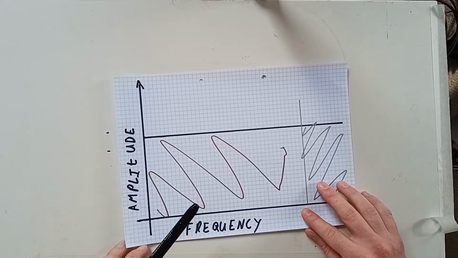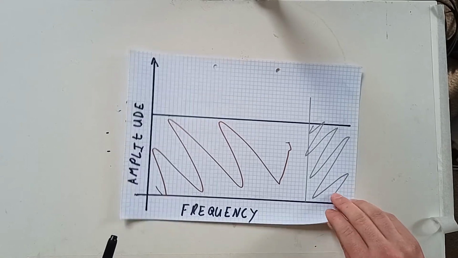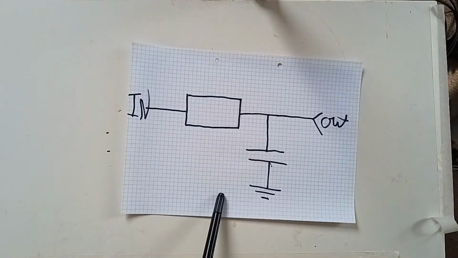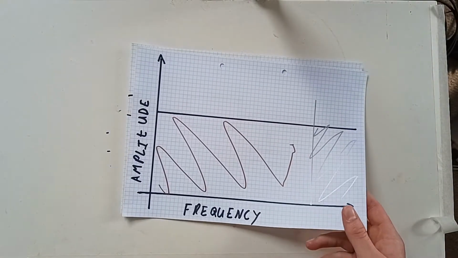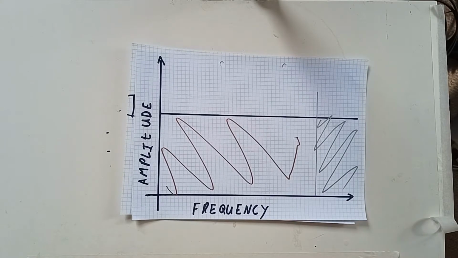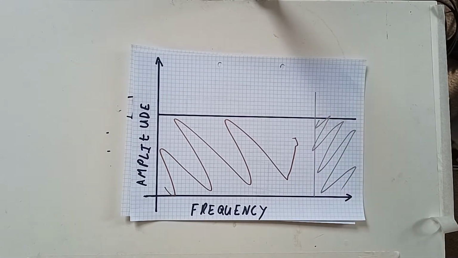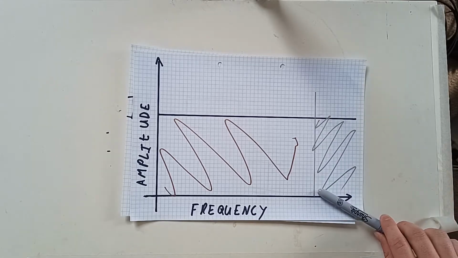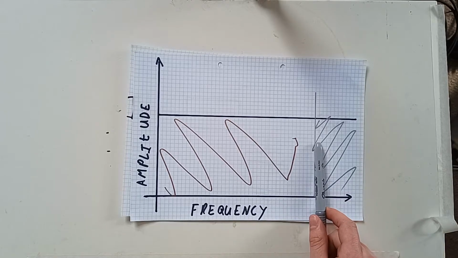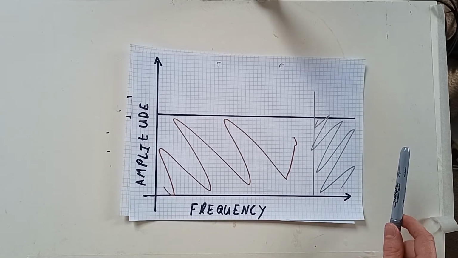I would like to quickly mention, though, when I said that this circuit was a first order filter, that refers to the steepness of the cutoff slope. So the one that I've drawn on here, this is an ideal filter. So it perfectly cuts everything past this point away.